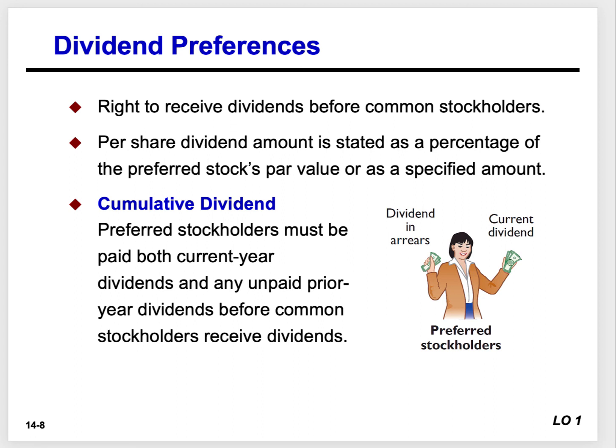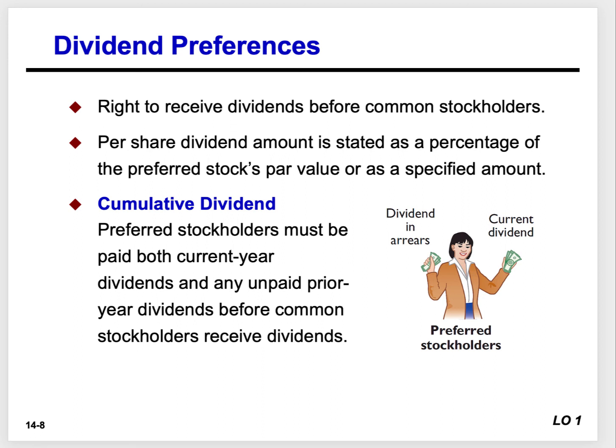Now, we have something interesting here. We have what we call cumulative dividends, okay? What exactly is a cumulative dividend? It's a feature of the preferred stock, and this feature stipulates that preferred shareholders must be paid both the current year dividend and any unpaid prior year dividends before any common shareholders are paid dividends, okay?